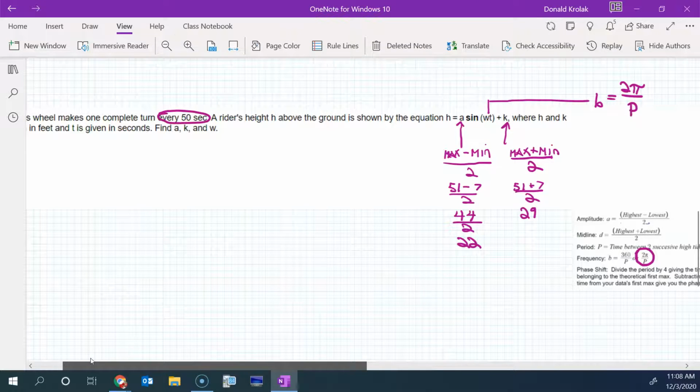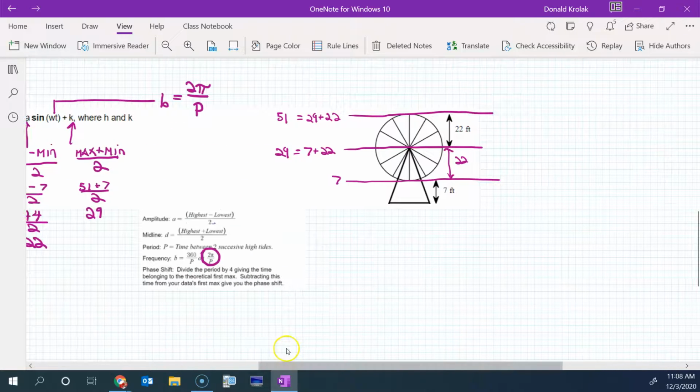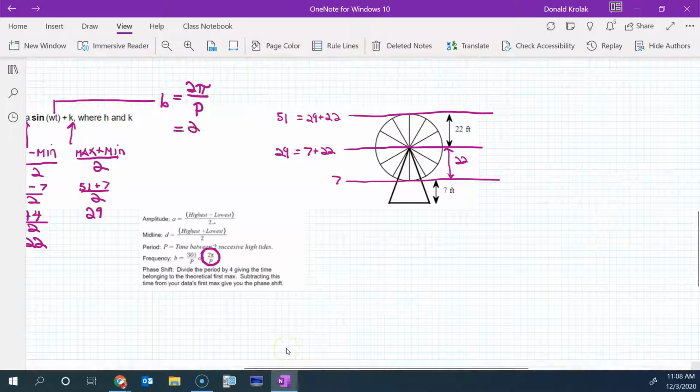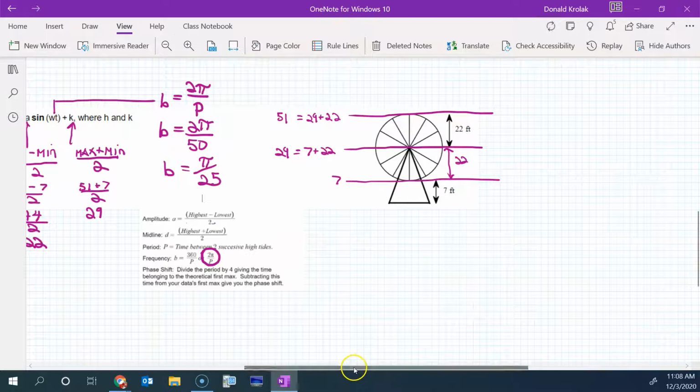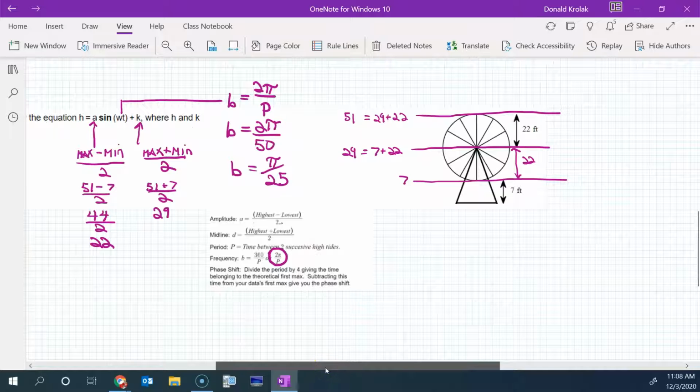So it's 2 pi divided by 50. That's going to be my frequency, which is just pi over 25. Now, when you go to type this stuff in, it says leave it in pi. Don't change that to a decimal.